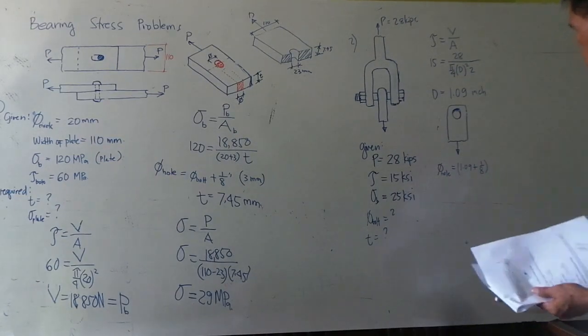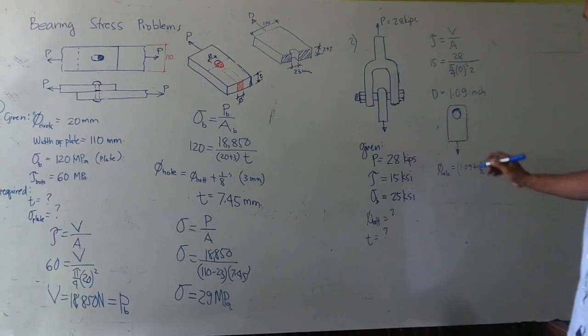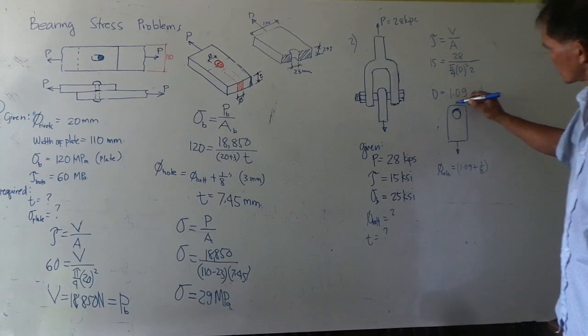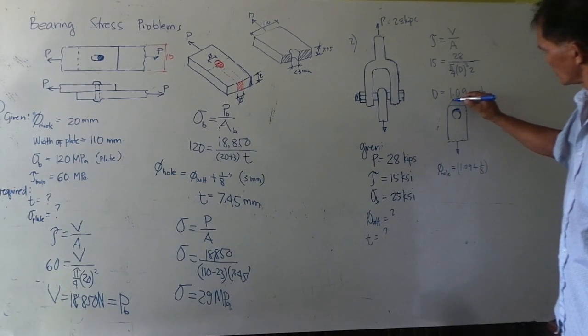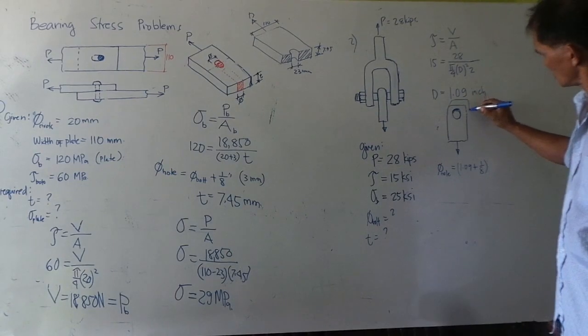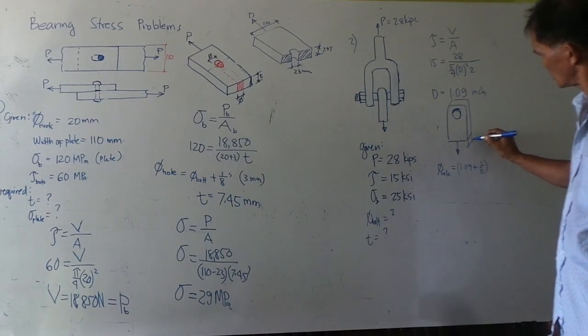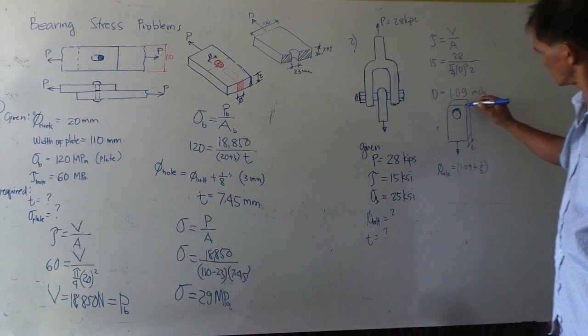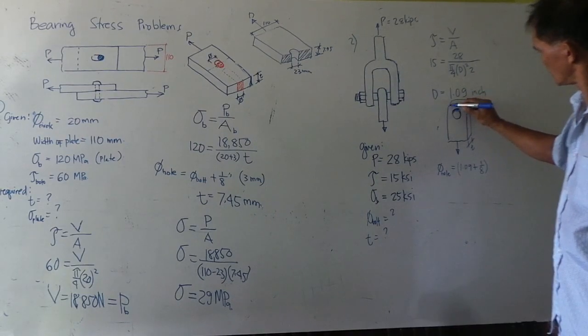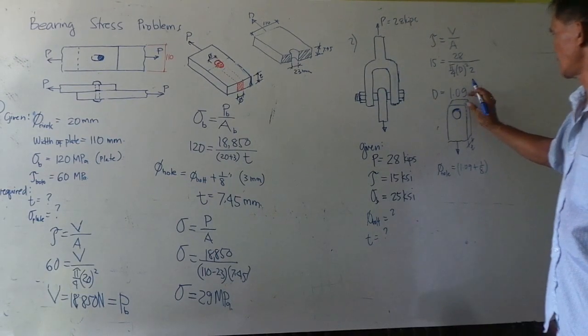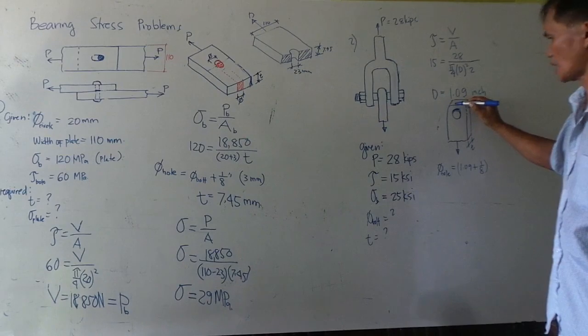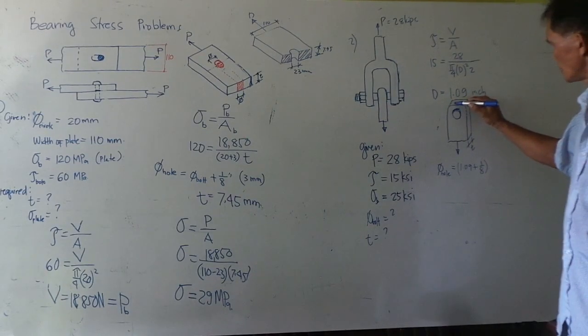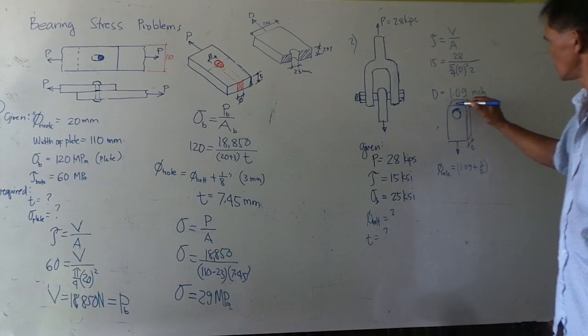So this is the diameter of the hole. The area we consider is the projection of the contact area, which depends on the thickness.